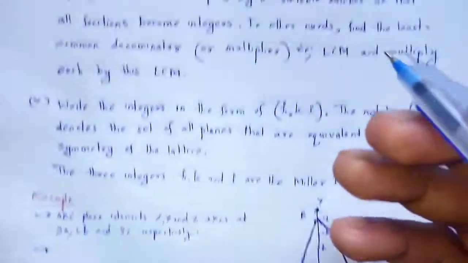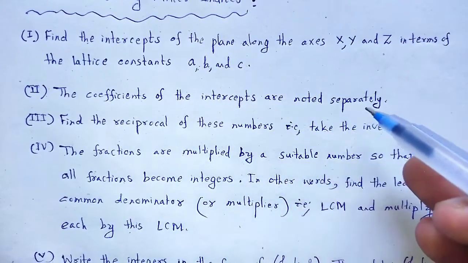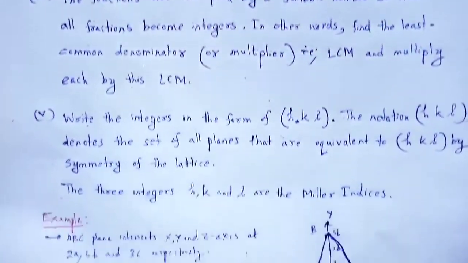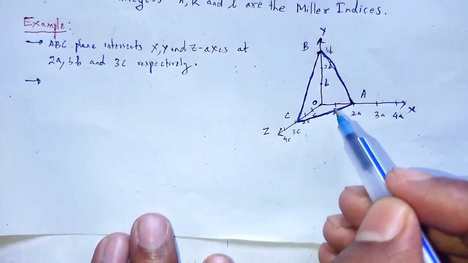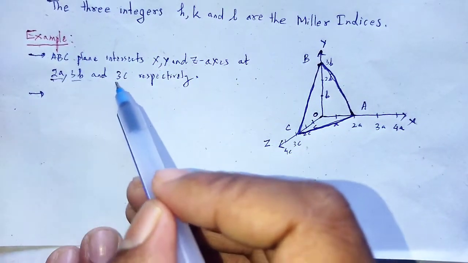Next, the coefficients of the intercepts are noted separately. So the intercepts are 2a, 3b and 3c.